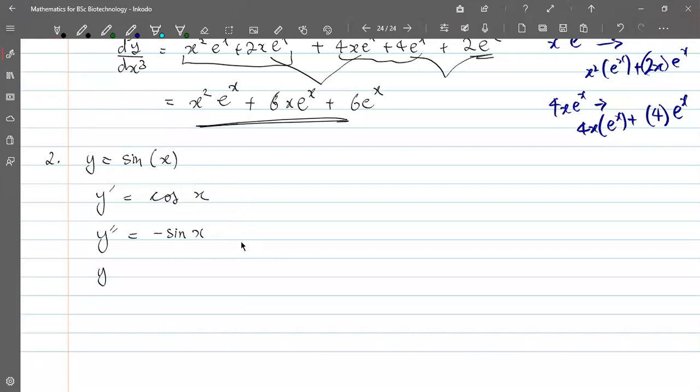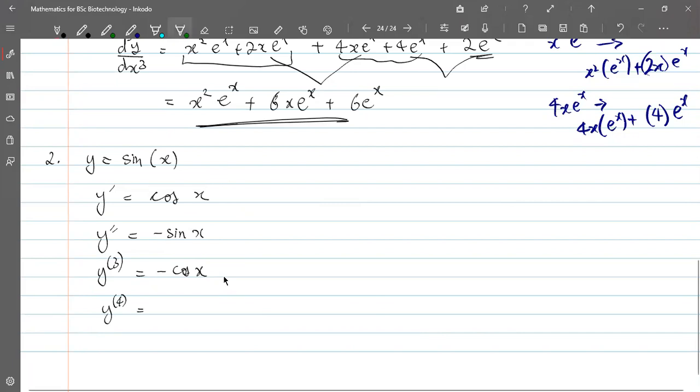Now if you find the third derivative, okay, so I'll switch to the other notation, y3. This is minus is already there, and sin x, when you differentiate, you get cos x. The minus doesn't go away. The minus is not coming from the differentiation, it's already there. And if you differentiate that again, what happens?